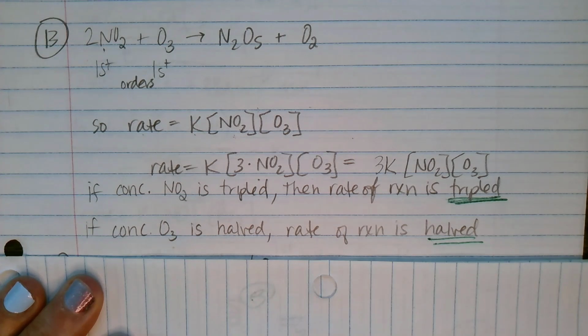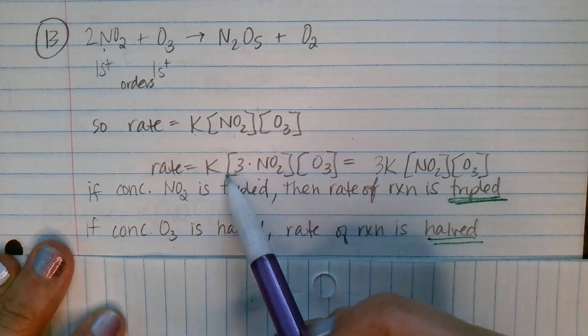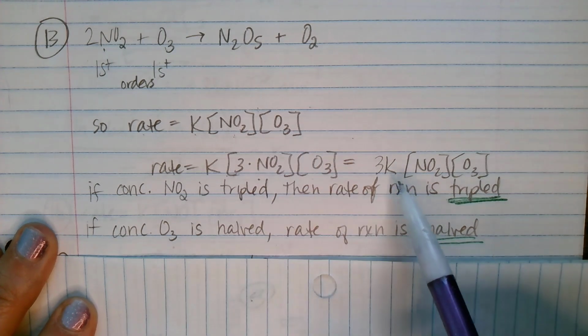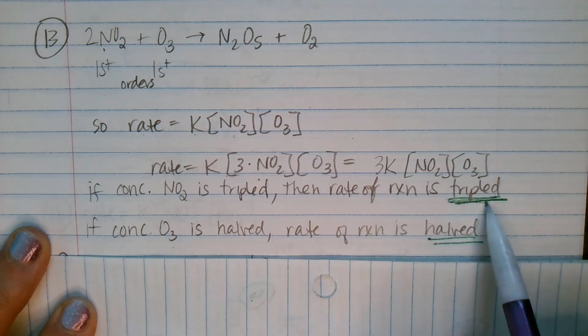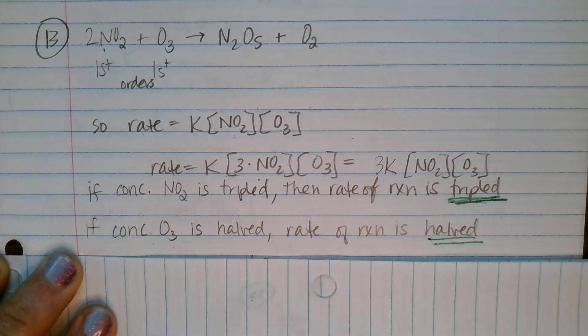If the concentration of NO2 is tripled and O3 is not changed, so if we triple NO2, then the change in the reaction rate will be tripled. Now, the next one says, if the concentration of ozone is half and nothing's happening with NO2, if it's halved, then the rate of the reaction is halved.